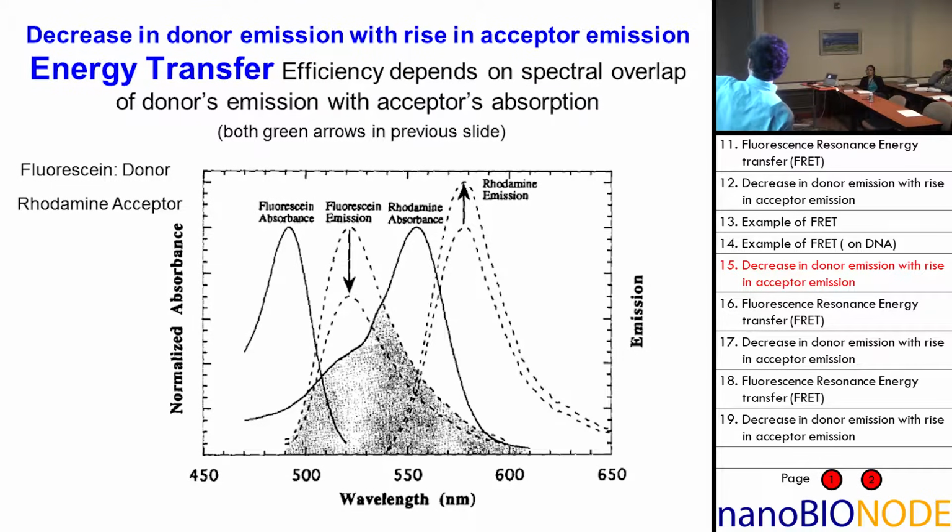That is, the acceptor will have a certain amount of fluorescence, because when you come in with the blue light and you mean to excite only the donor, you inadvertently excite the acceptor. So it has a certain amount.